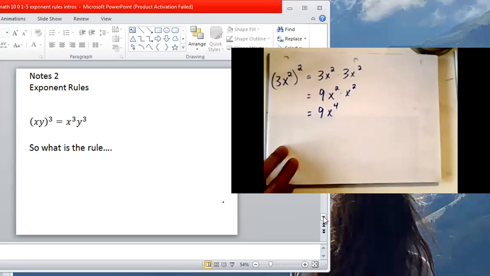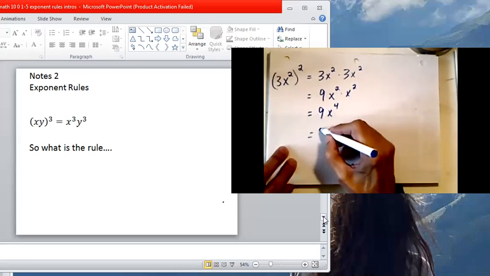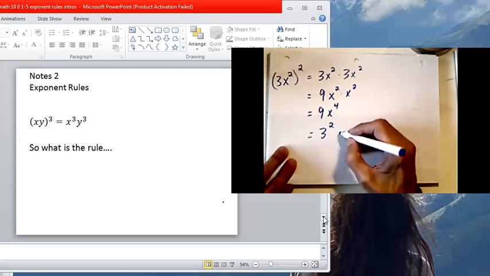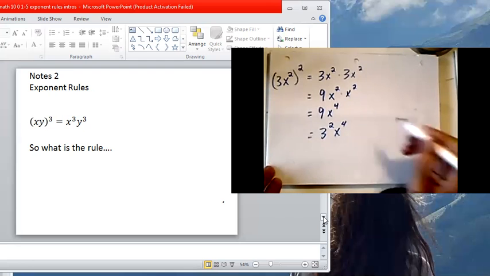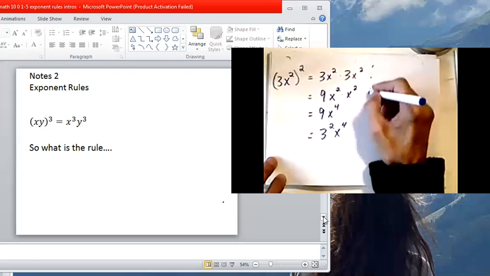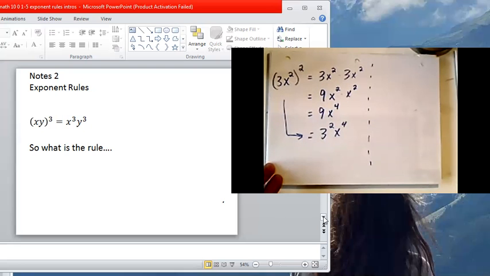Now we got to get the rule. So this 9, I'm going to help you guys. 9 is the same as 3 squared. So how to jump from there to there?